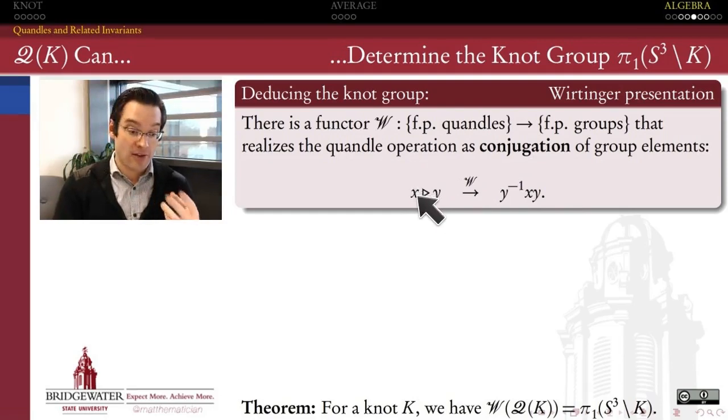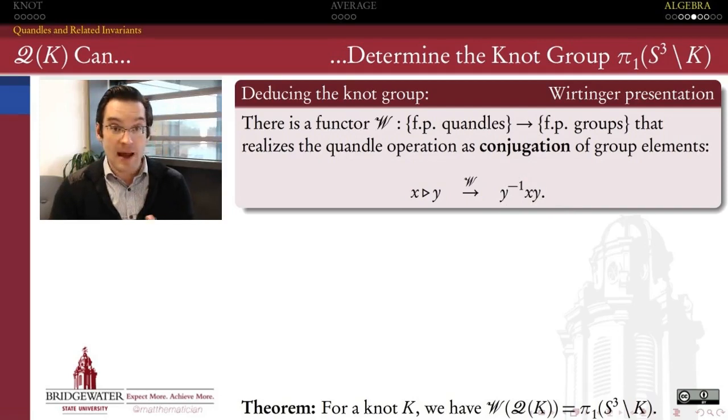In other words, to every arc of my knot diagram, I'm going to associate a generator of this group. And in place of the quandle operation, what I have is a conjugation operation, which is a familiar thing if you study group theory, but it's now sort of elevated to this importance when we study knots.